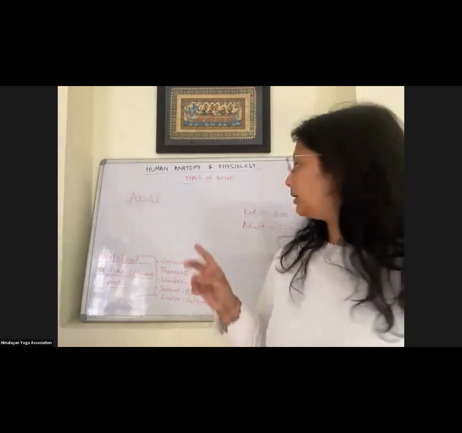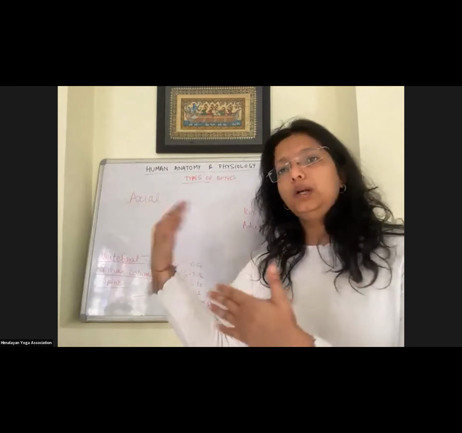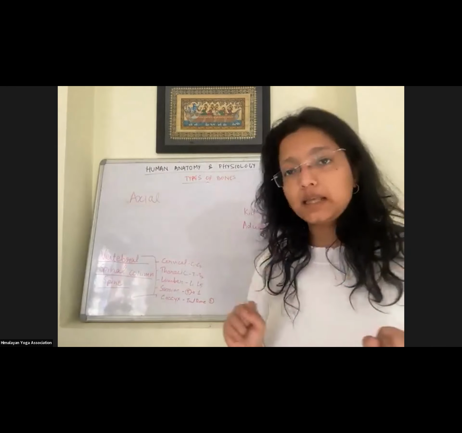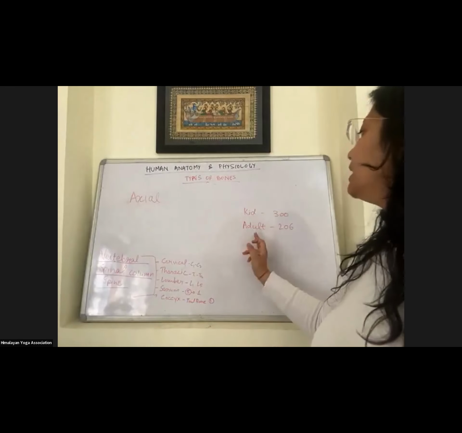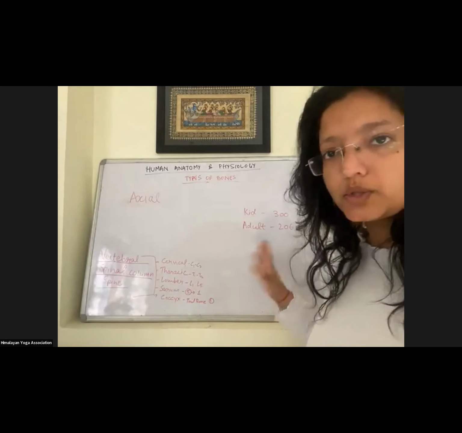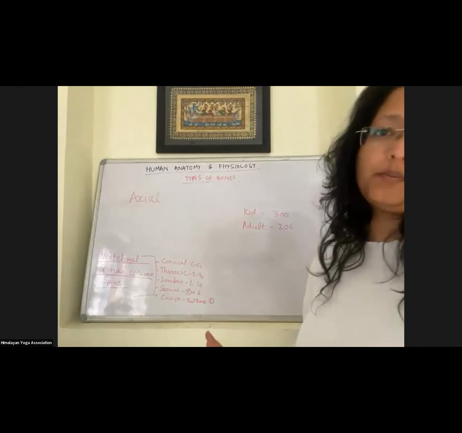So you see, this is the concept of why a child is more flexible. But as we grow older, the flexibility becomes less and less. Why? Because the kid has 300 bones and an adult has only 206 bones. Those bones get fused, so the flexibility reduces.